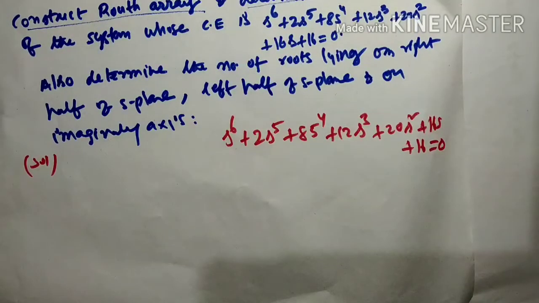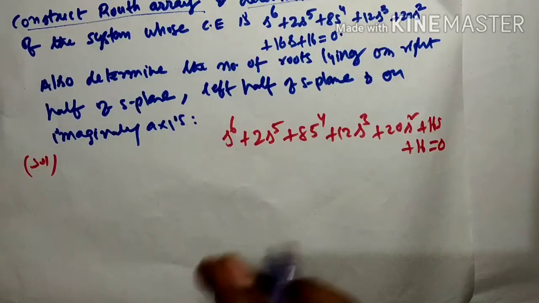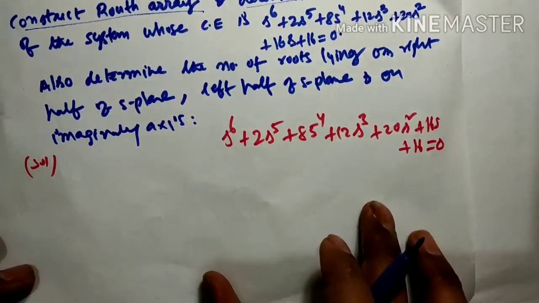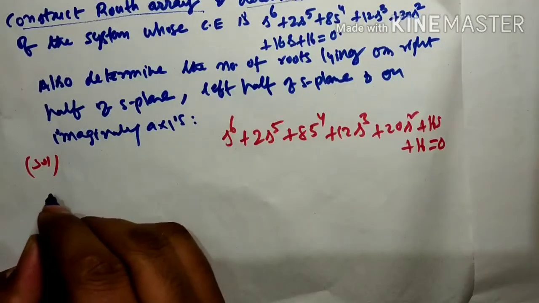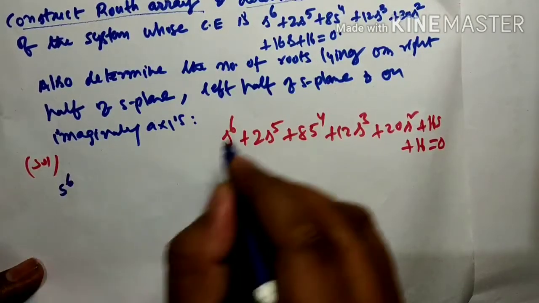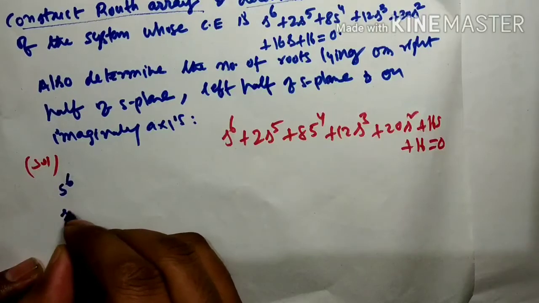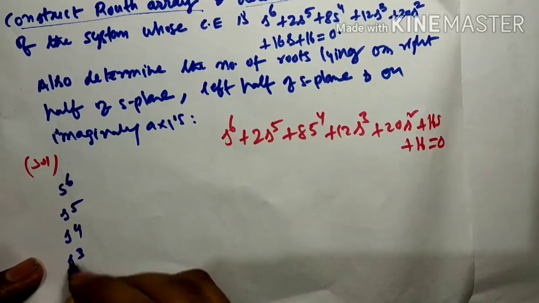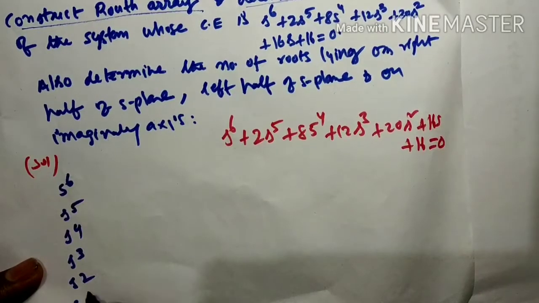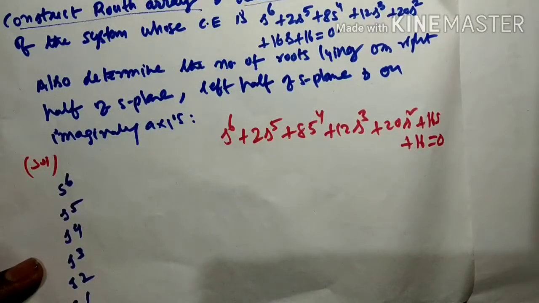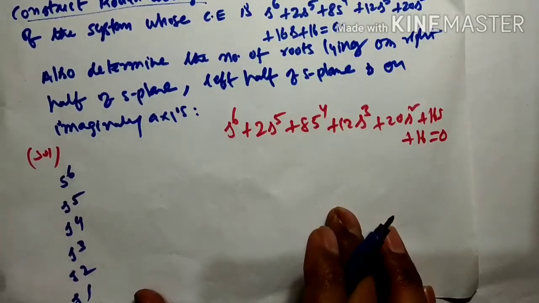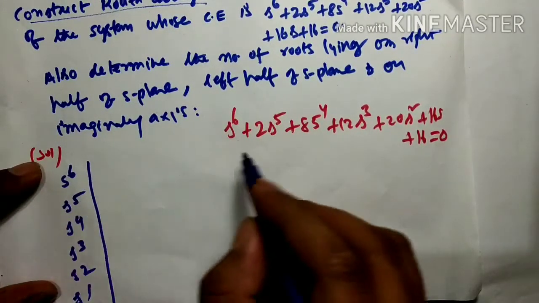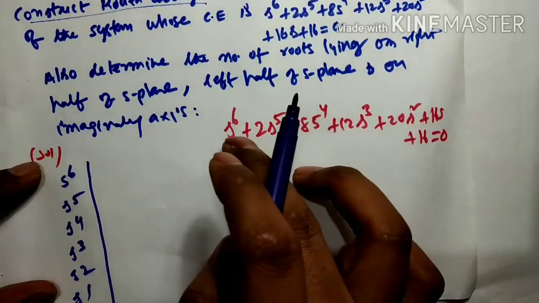So how are we going to form it? First write s power 6, s power 5, s power 4, s power 3, s power 2, s power 1, s power 0. Now we have to write all the coefficients of even powers.